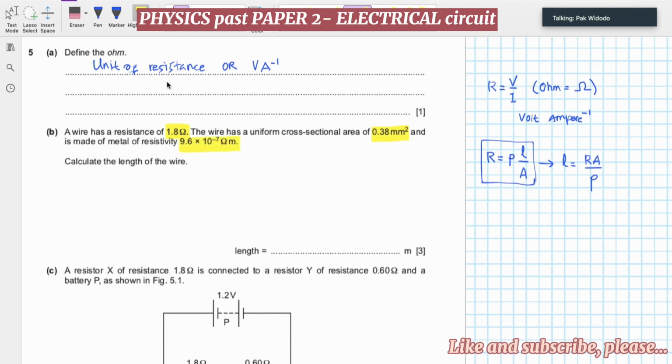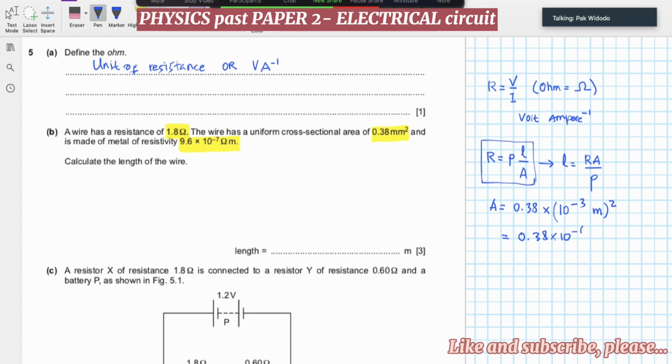We change A first. Cross-sectional area A is 0.38 millimeter, which is the same as minus 3 in meter, and then squared. So it is the same as 0.38 times 10 to the power minus 6 in meter square, or this is 3.8 times 10 to the power minus 7 in meter square.